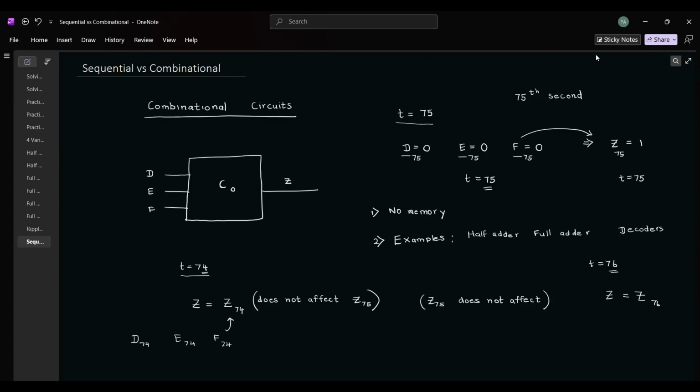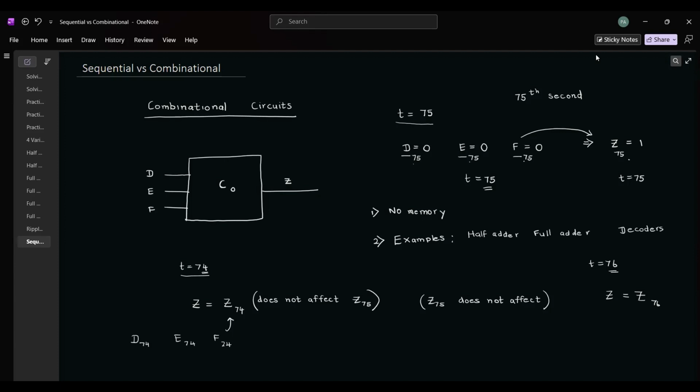They do not have the concept of memory. They are only affected by the current inputs, the states of the inputs at the moment. D75, E75, F75 affect Z75. That's it.